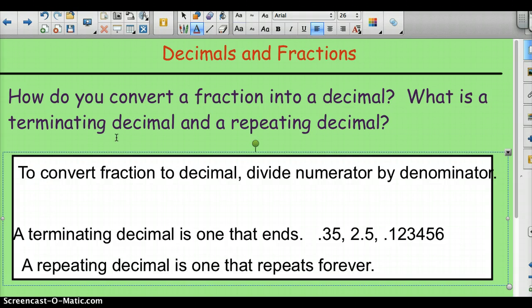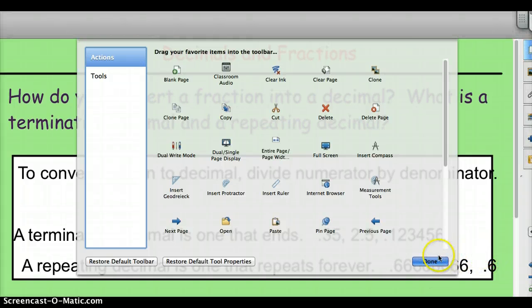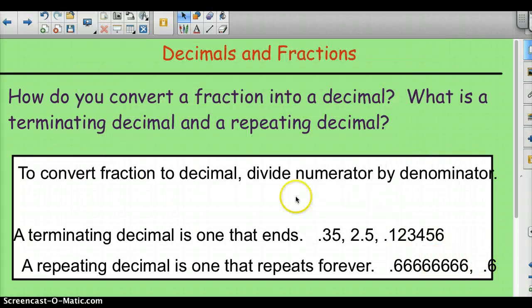An example of this, if you had something like 0.666666666 going on forever, which in the past you may have written as 0.6 with the little hat over the top of it. I'm sure you've seen that in grade school. That's a repeating decimal. So, terminating and repeating decimals.